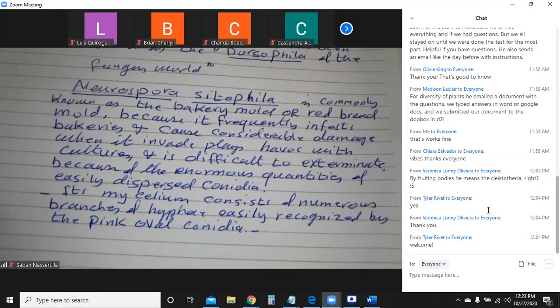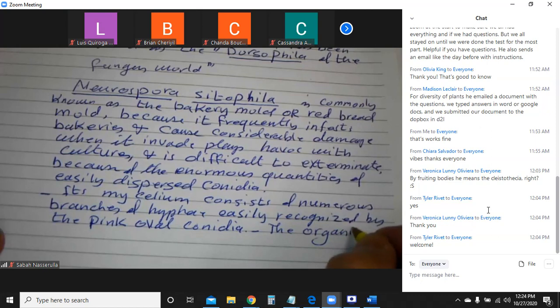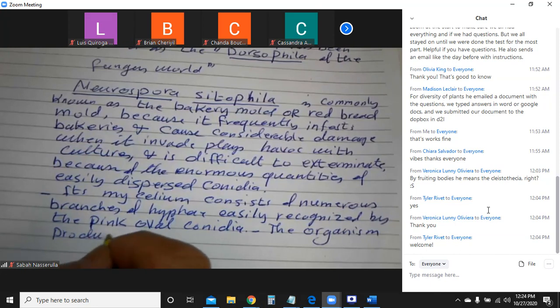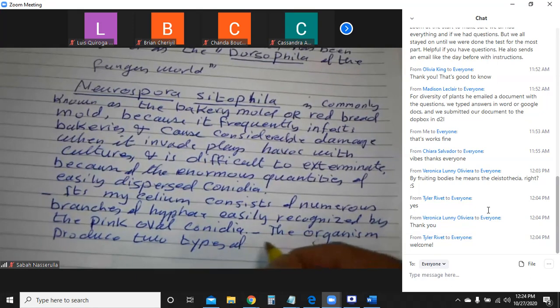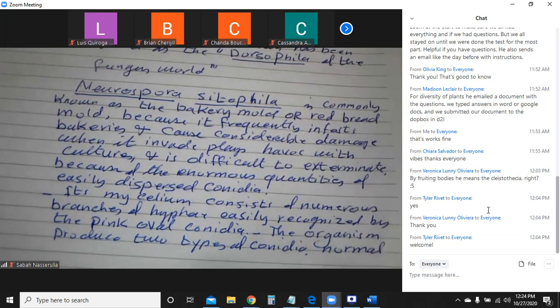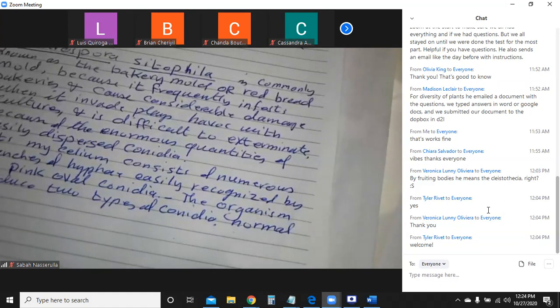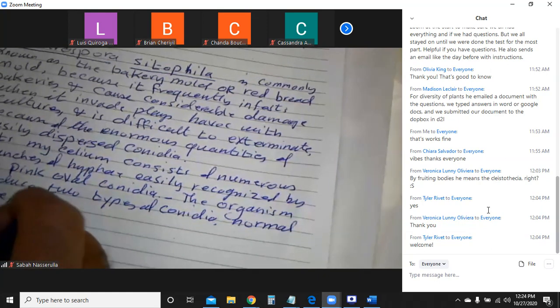The organism produces two types of conidia, the normal size and, of course, the smaller one known as microconidia. That means the smaller.